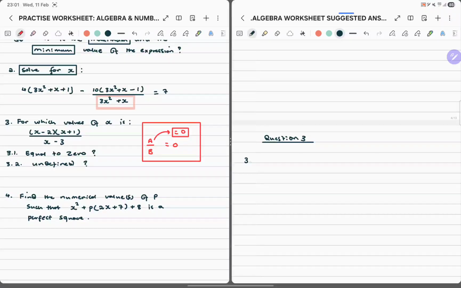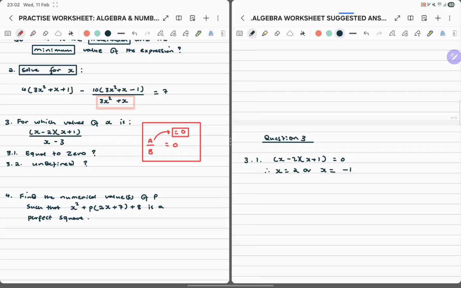So now let's go for 3.1. For this to be equal to 0, it means x minus 2 into x plus 1 must be equal to 0. Therefore, x must be 2 or x must be equal to minus 1.